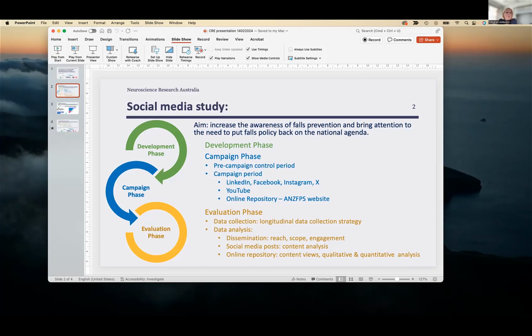We will use a longitudinal data collection strategy to obtain web and social media metrics over the 6-month campaign period. We'll aim to measure reach, scope and engagement with the campaign and the online repository through things like web-based analytics and hashtag analytics. This seems to be consistent with metrics used in similar studies that have measured the impact of social media initiatives and online resources.